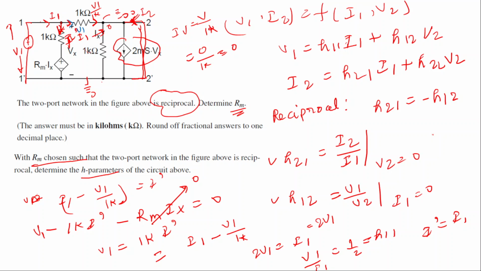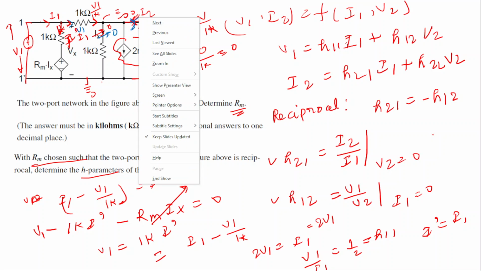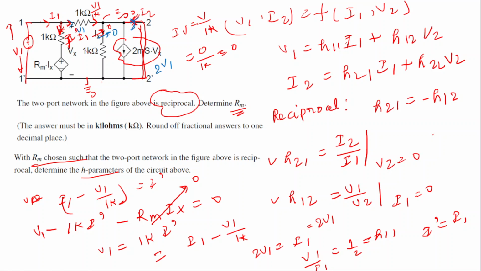So this current is 0, and this current is 2 times Vx, and Vx is V1, so this is 2 times V1. So how much current will be flowing in this branch? Let's apply the KCL at this node.